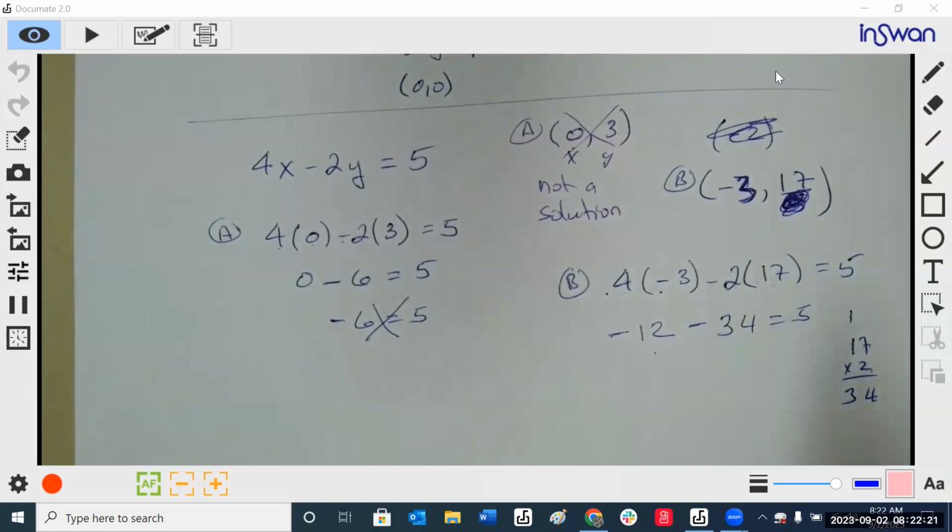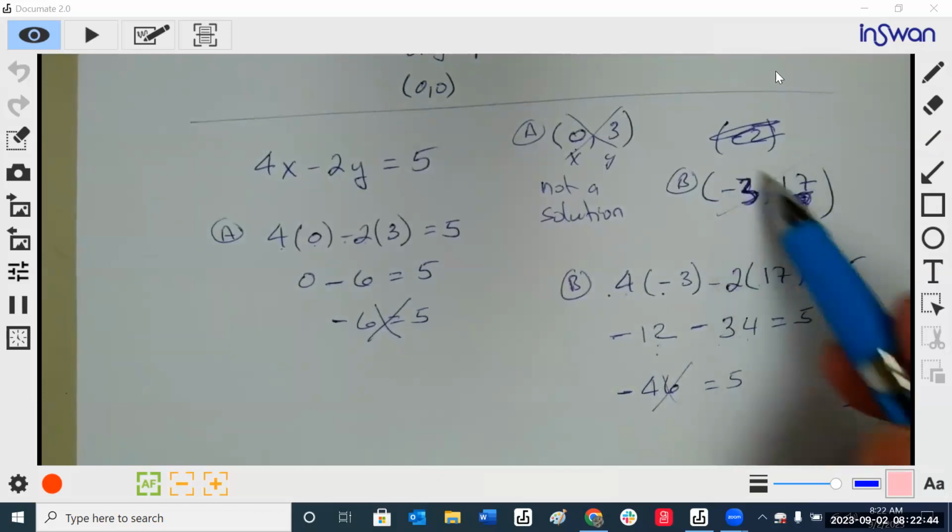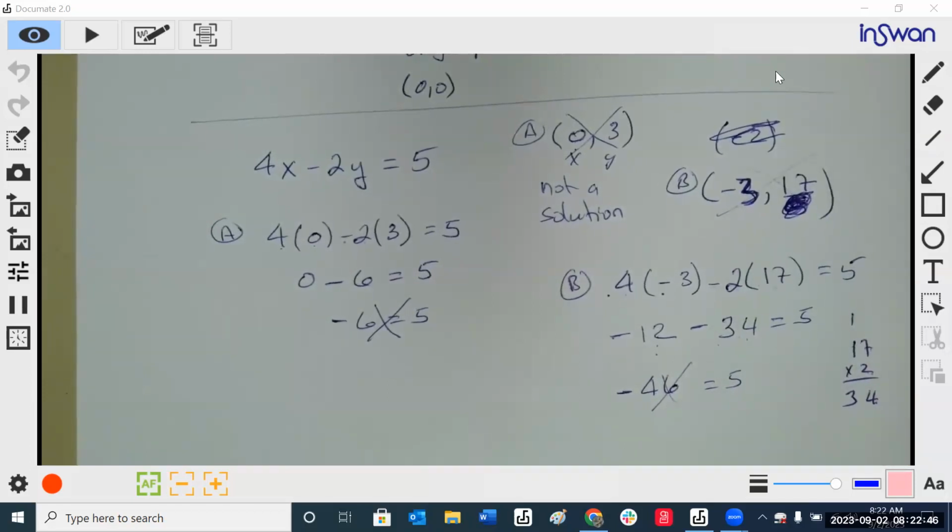It would only be positive if I was multiplying the two numbers. But I'm subtracting, and they're both negative. So if they're both the same signs, I keep the common sign and add the numbers. So 34 plus 12. Does 46 equal 5? So neither of them, no solutions in either of those.